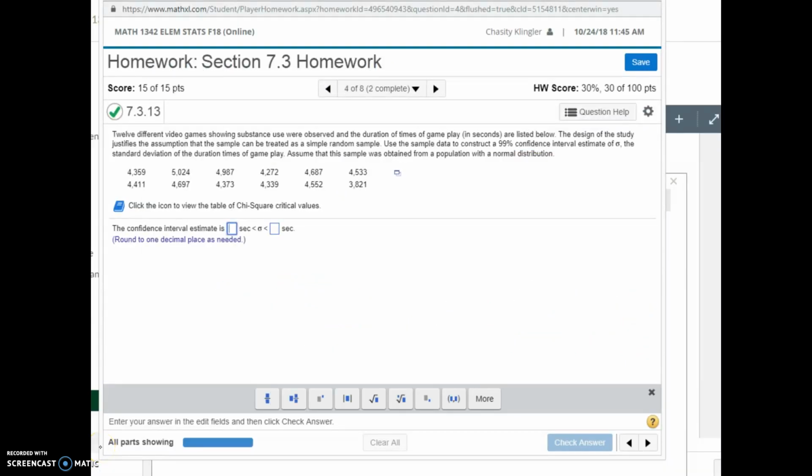And I need to round to 1 decimal place, so that's actually going to round up.